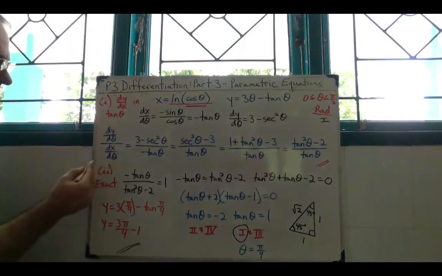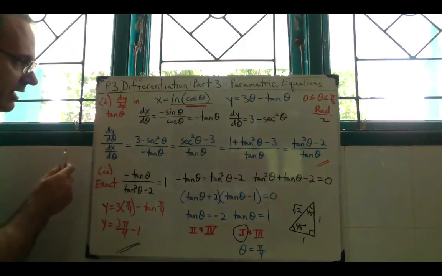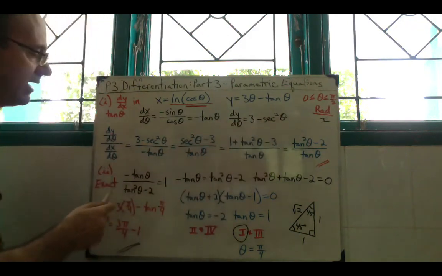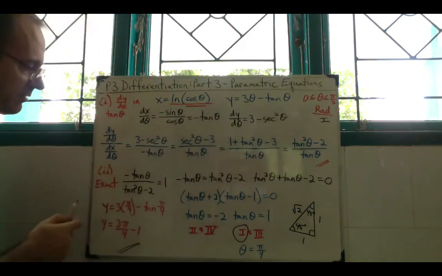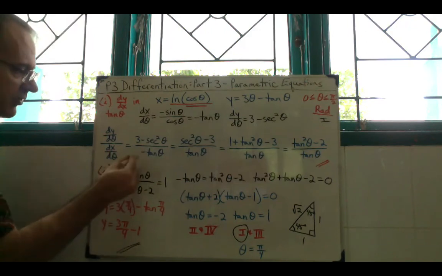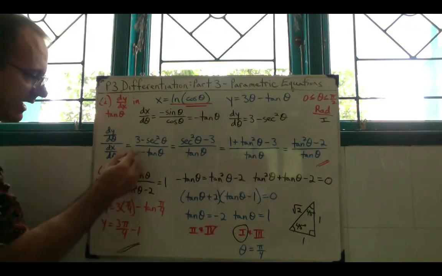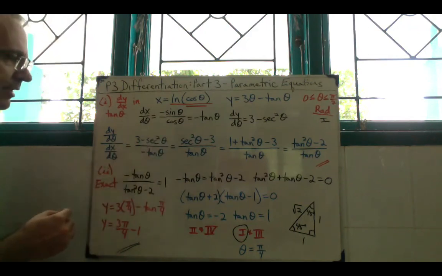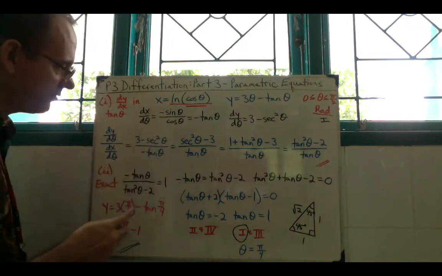Then we want to find the slope, so we do dy d theta over dx d theta. So that's 3 minus secant squared over a negative tan theta. We've got this loose negative sign right here. So we're just going to take it out of the bottom, multiply it through the top.